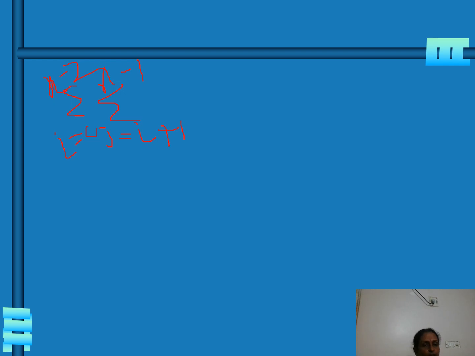How many times is the basic operation performed? Only one time: check whether A of i is not equal to A of j.